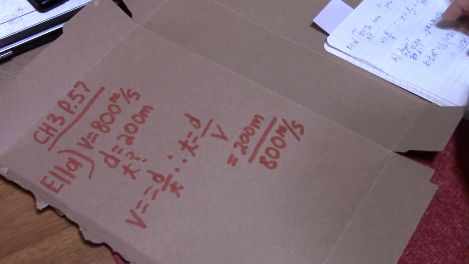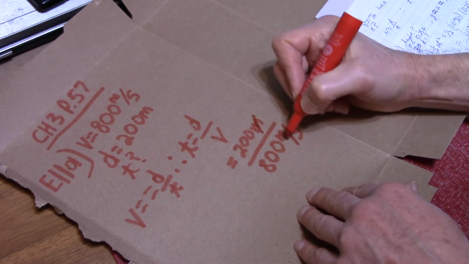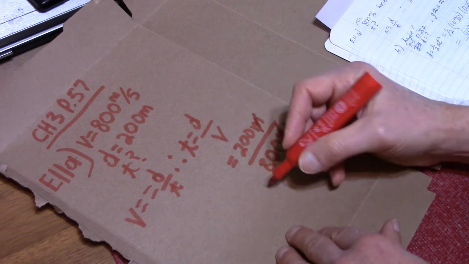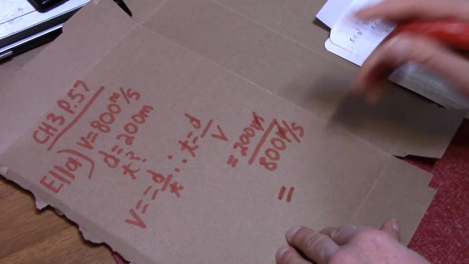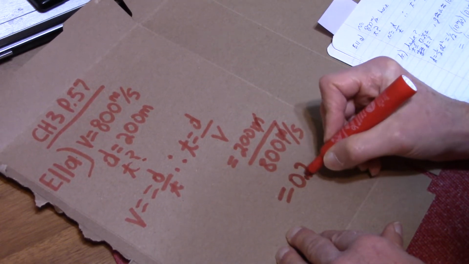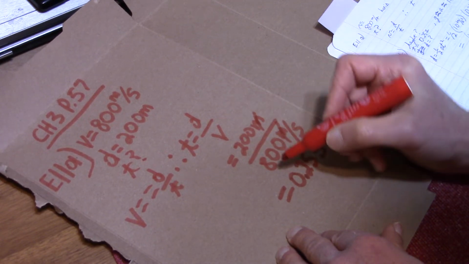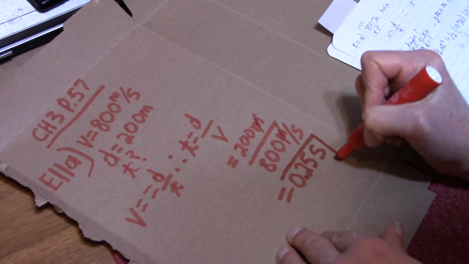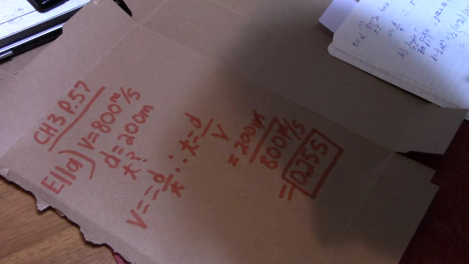And the meters cancel out, right? Units. And you divide 800 into 200 and you get 0.25 seconds for the bullet to hit the target.